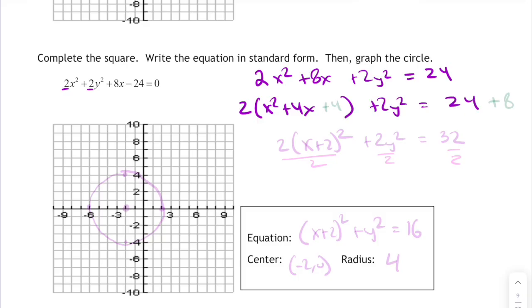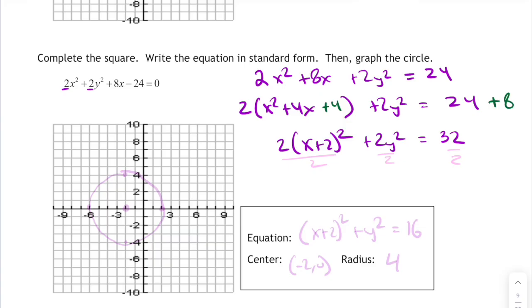And then I can do my complete the square step. Half of 4 is 2, squared is 4, so adding 4 there, but I really added 4 times the 2 in front, so that's 8. And so I'm adding 8 to this side, so then I get 2 times (x plus 2) squared plus 2y squared equals 32.